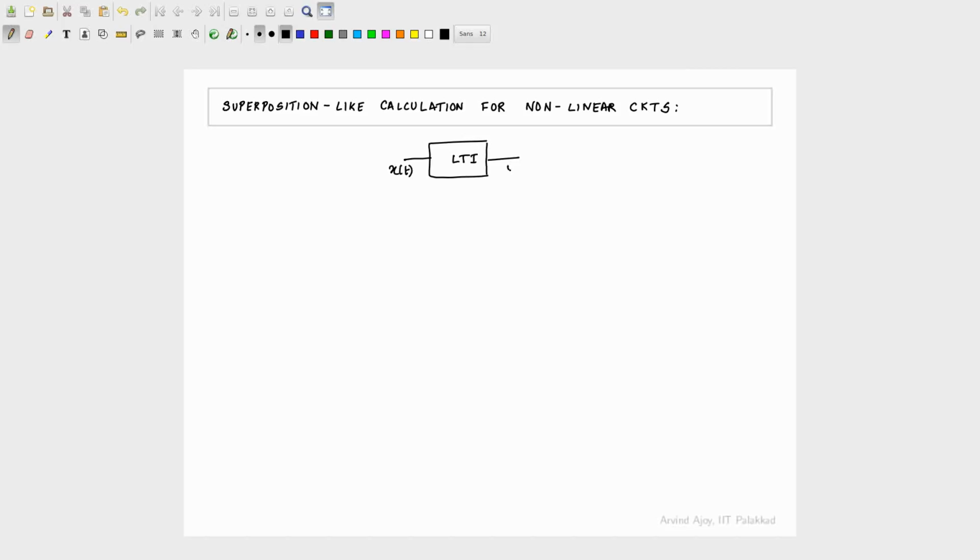We discussed earlier that in order to have superposition, what's the requirement on your circuit? The circuit has to be linear. And why is that?